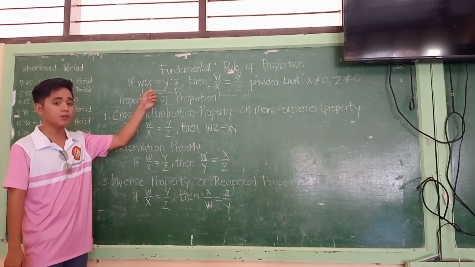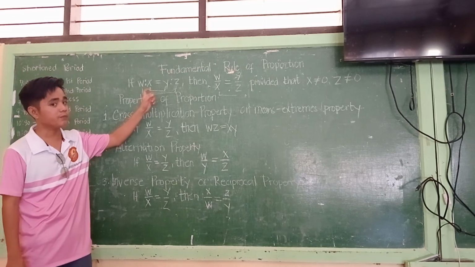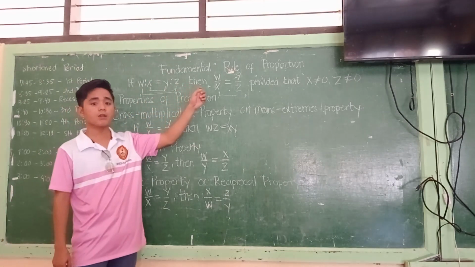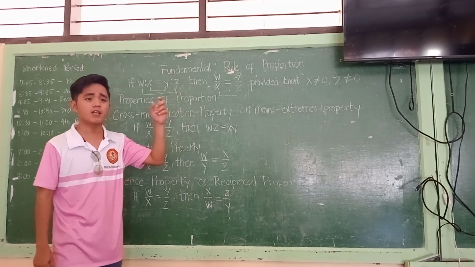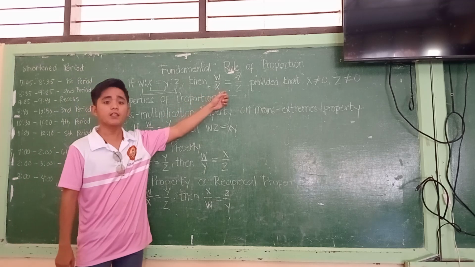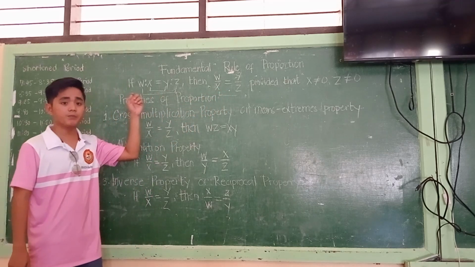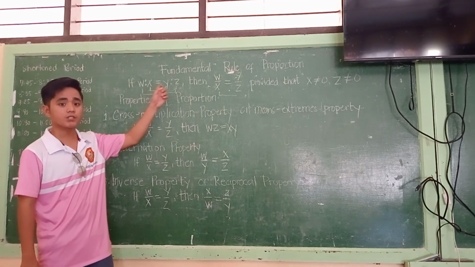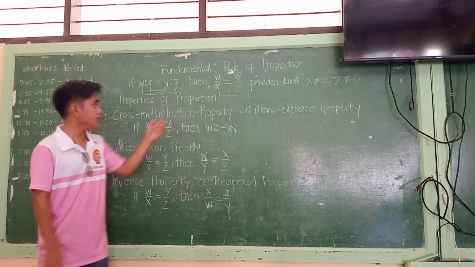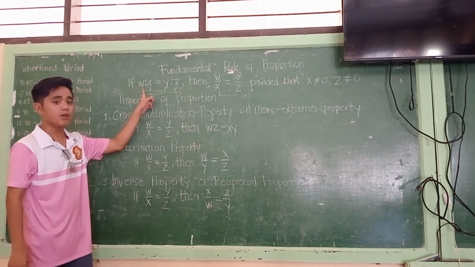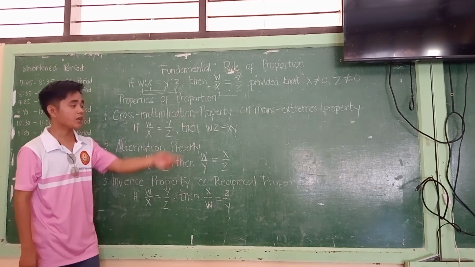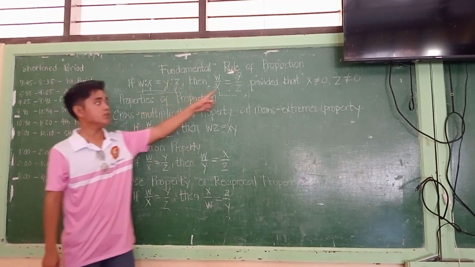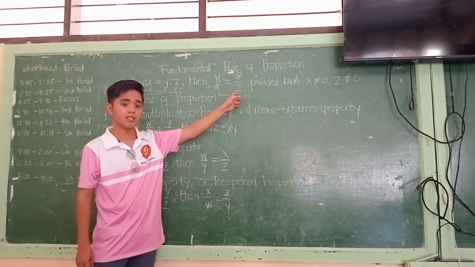We can write it in the form of means and extremes. We could also write the proportion in fraction form, just like this one. Don't be confused because these two proportions are the same. We could rewrite W is to X as W over X, and Y is to Z as Y over Z.